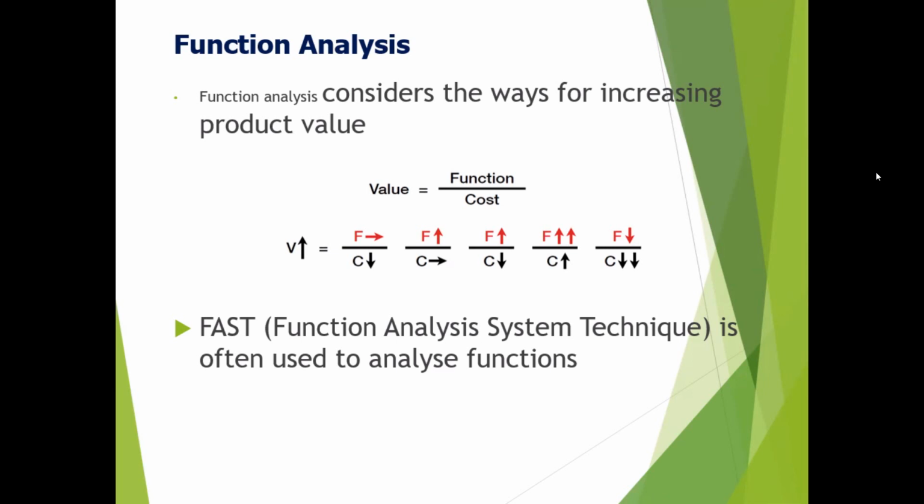And improving the functional performance twice while increasing the cost once, that is also value enhancement, right? And the final formula: functional performance reduces, but the cost reduction is twice the functional performance reduction.